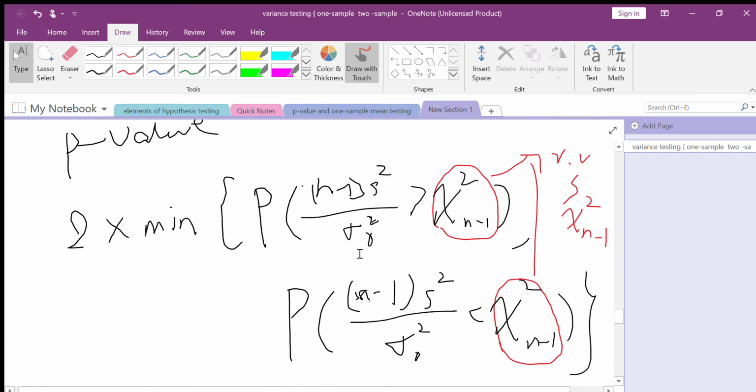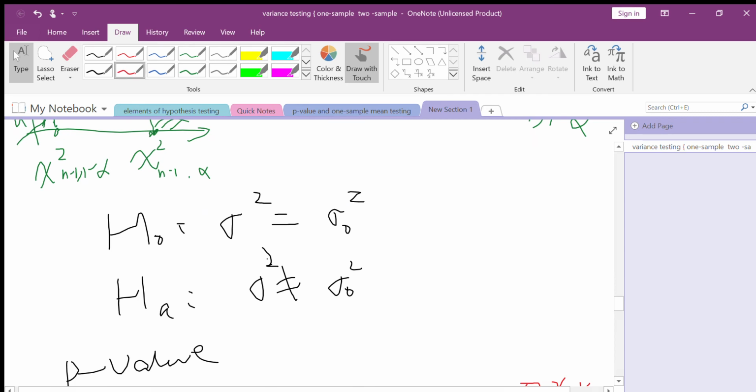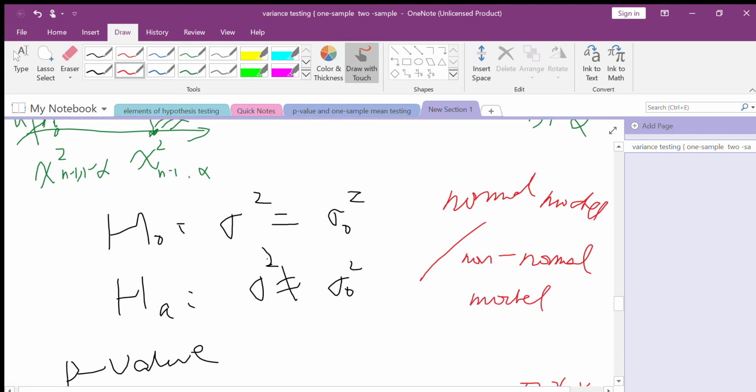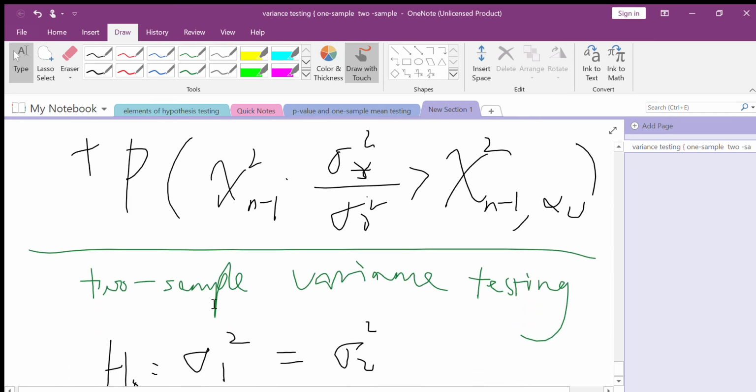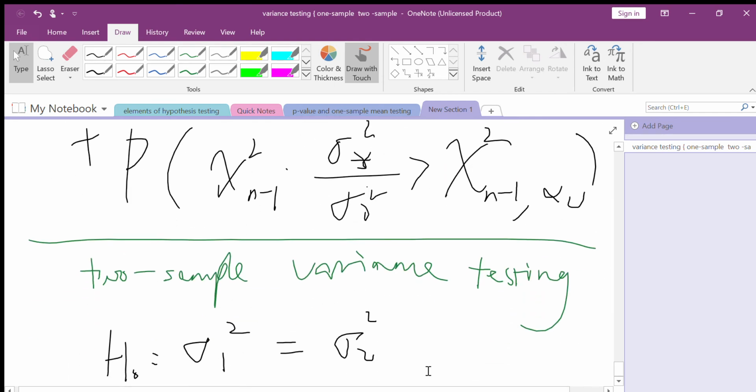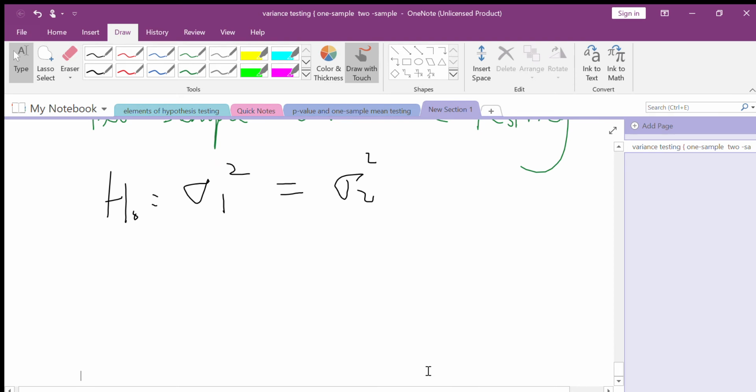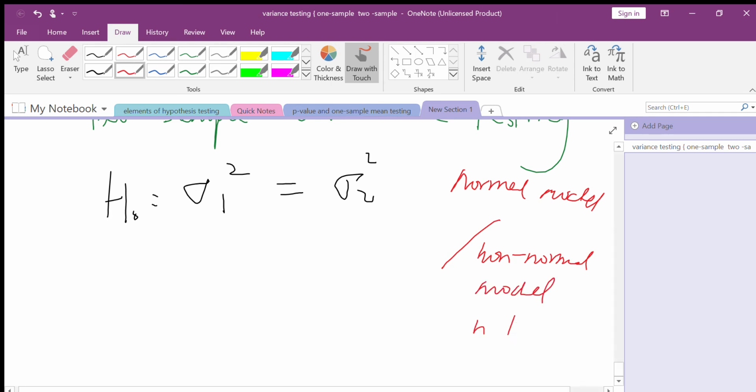Okay, let me write it down. For two-sample variance testing, we also use the same model assumption: normal model or non-normal model with large samples.